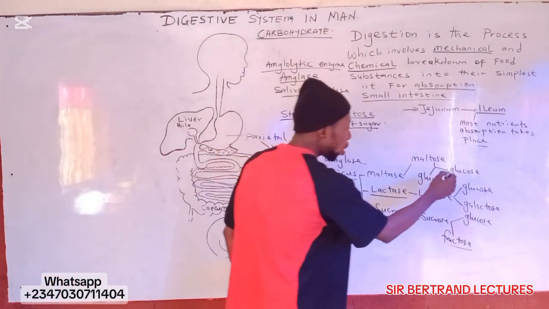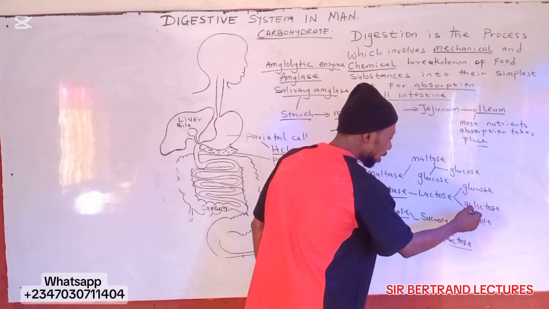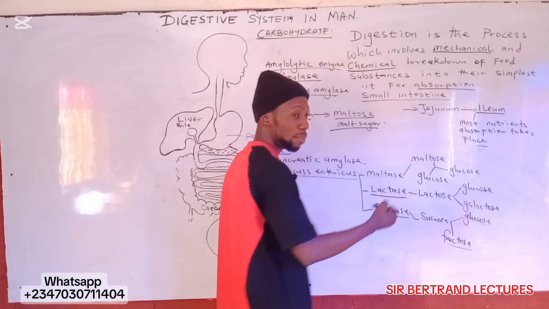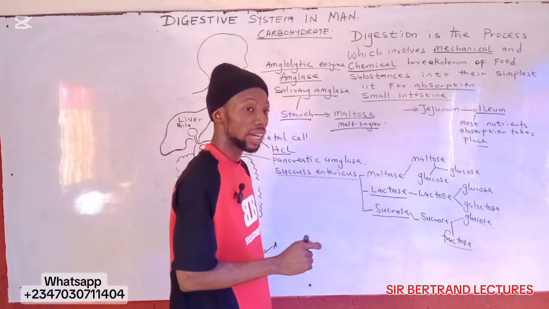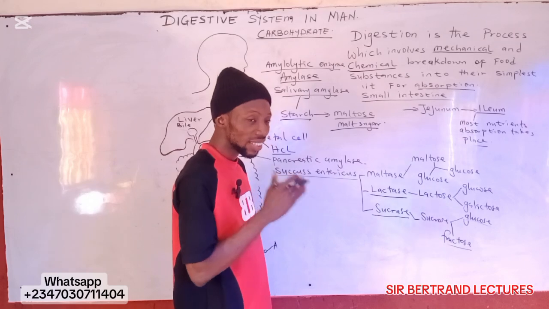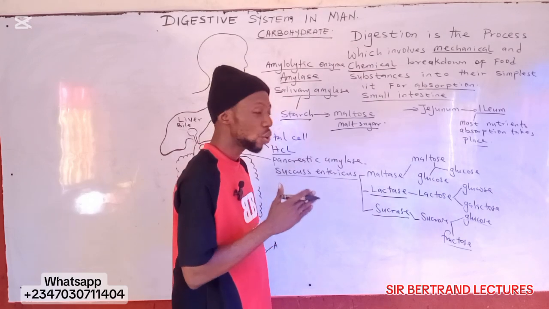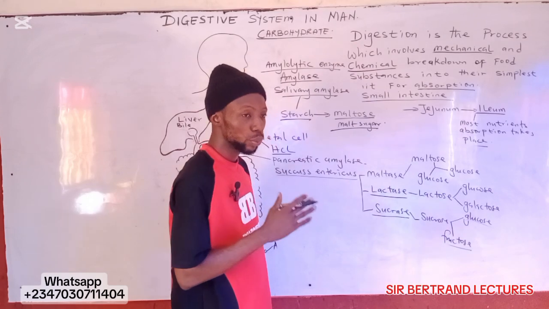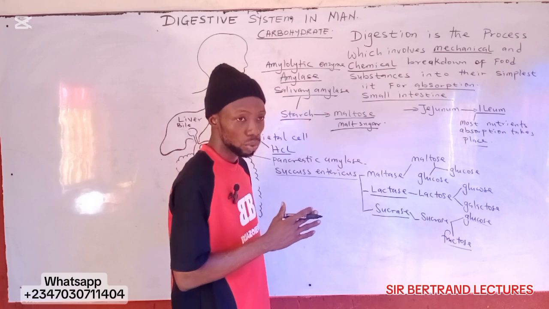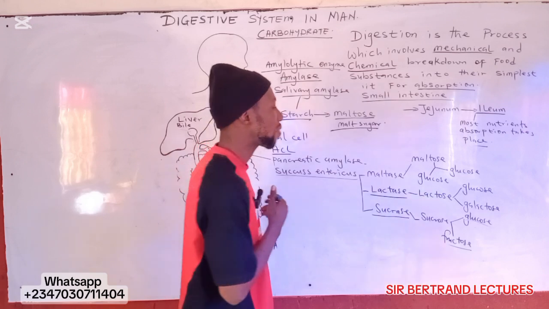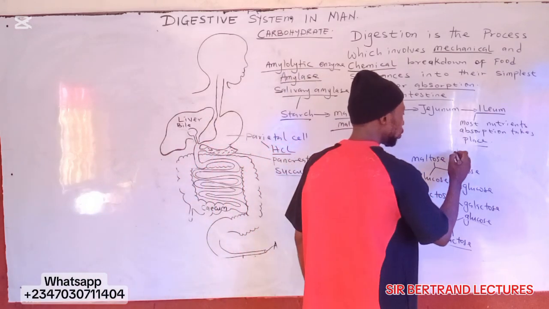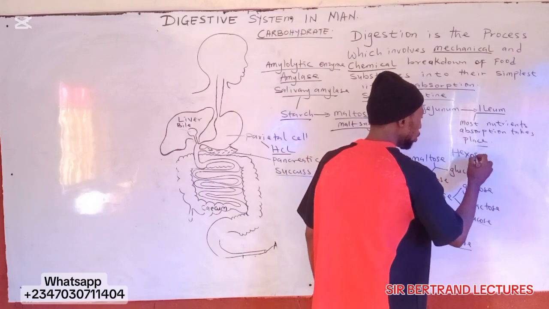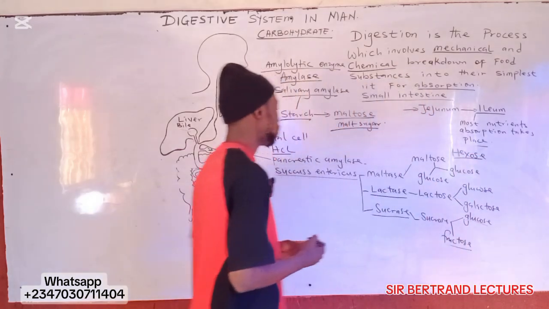Take note, all of these, glucose, galactose, and fructose, are examples of reducing sugars, which are referred to as simple sugars or hexose, which are typical examples of monosaccharide. We've done this before in one of our old videos.